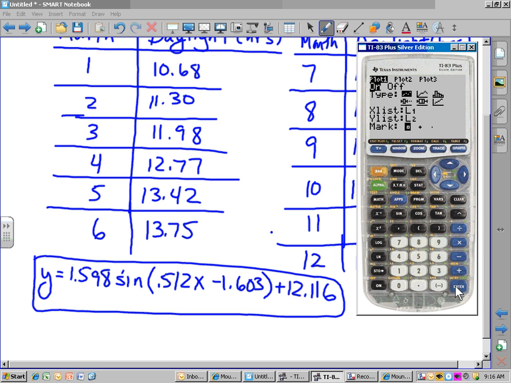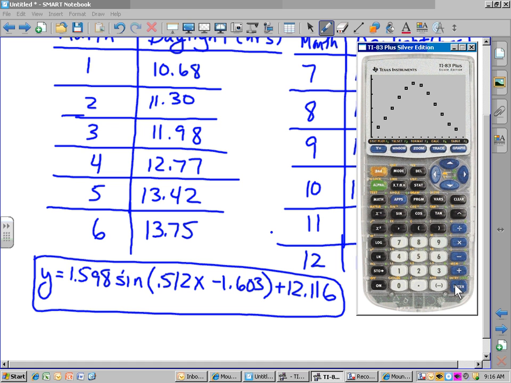Before you graph that, you should go to y equals and clear out anything that's in there. You might have equations from things you've done previously that you don't want. Then we hit zoom, number 9, zoom stat. And there's our data.